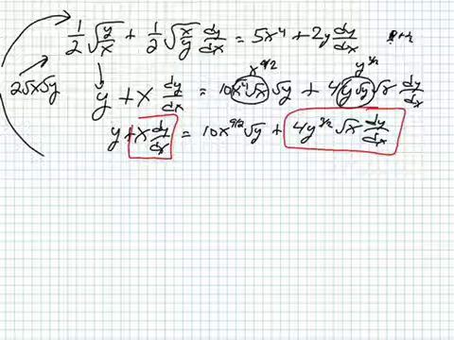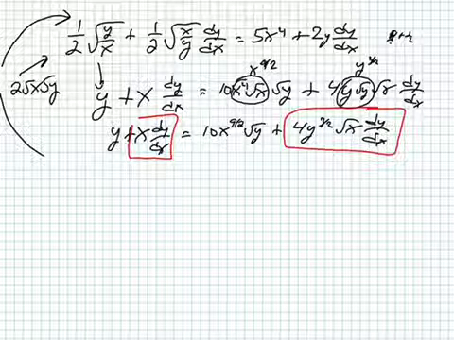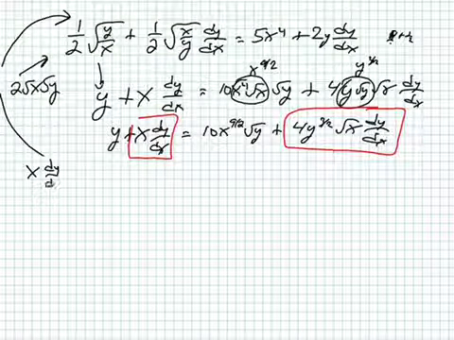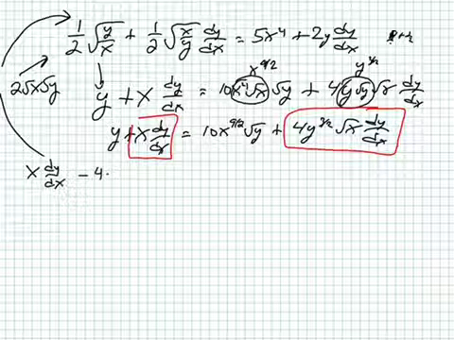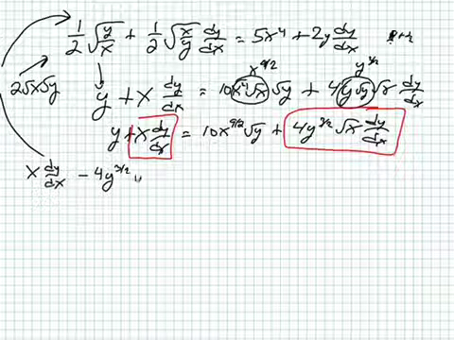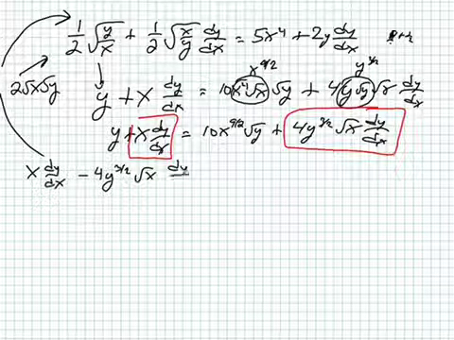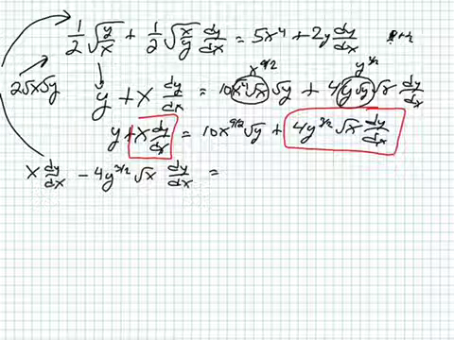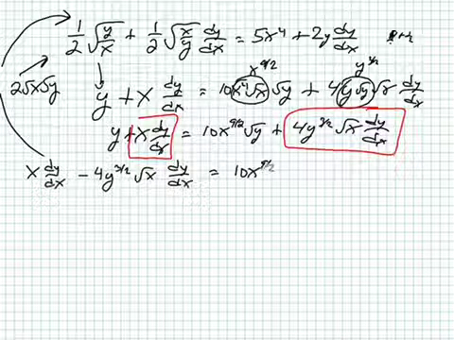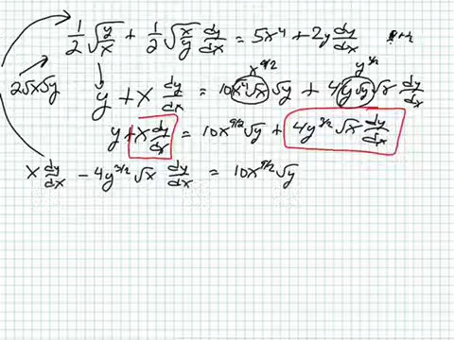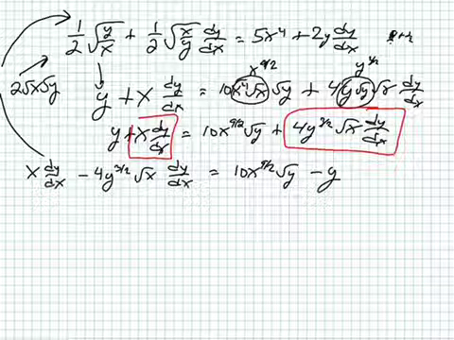So I'm going to get everything with the dy/dx over to the left hand side, everything else to the right hand side. So I've got x dy/dx minus 4 times y to the 3/2 square root of x dy/dx is equal to 10x to the 9/2 times the square root of y minus y.